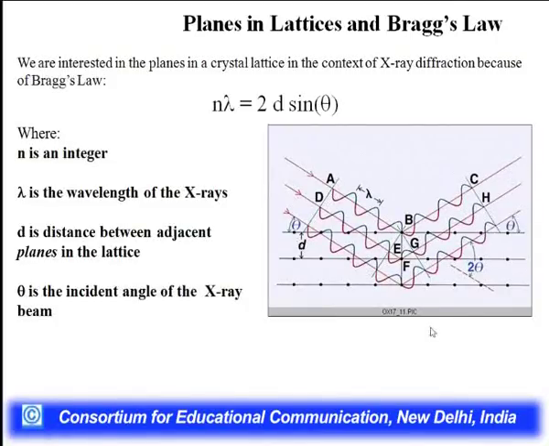Similarly, here the light is falling at different angles and it is reflecting from the lattice points. Now the light of wavelength lambda falls upon it, incident at an angle theta, and it is reflected towards another direction. Here we have different planes and light is falling at the different lattice points.